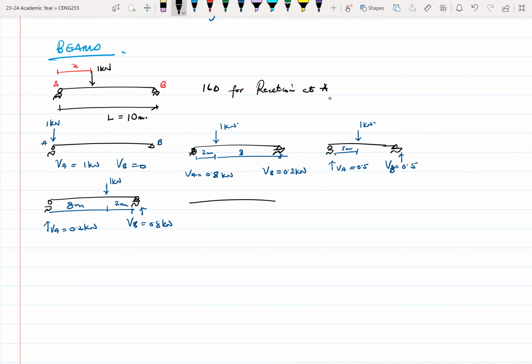Again, let's say the load has moved. Now your load is right at the top of B. So your VB is 1 kilonewton, and then your VA is 0.